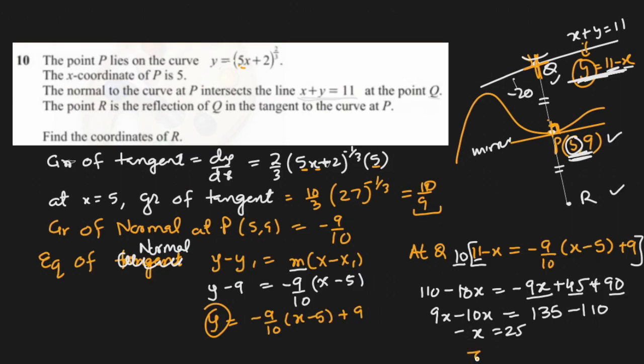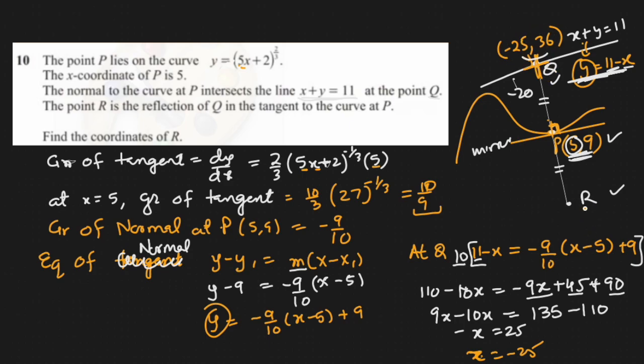It means x is equal to minus 25. So the x coordinate of this is minus 25. We can find the y coordinate also. The x coordinate is this. So we can use y equal to 11 minus x in this. So 11 minus minus 25 will be positive 36. So these are the coordinates of Q.